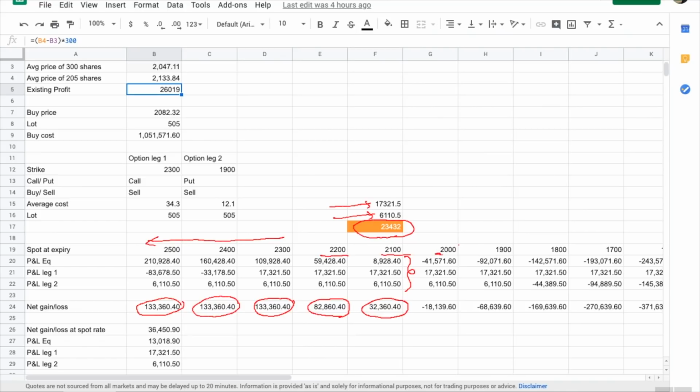On the other hand, if the price ends at 2000, I make a loss of rupees 18,139.6, and the loss keeps mounting as the price moves further south.